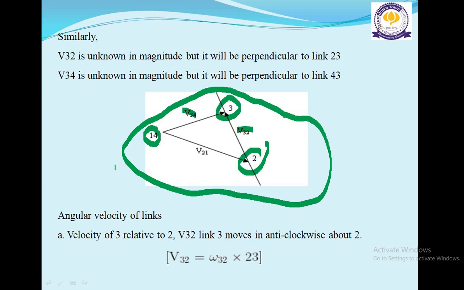For the angular velocity of links, velocity of 3 relative to 2, V32, link 3 moves in anti-clockwise about point 2. So the expression comes as V32 is equal to omega 32 into 2,3.